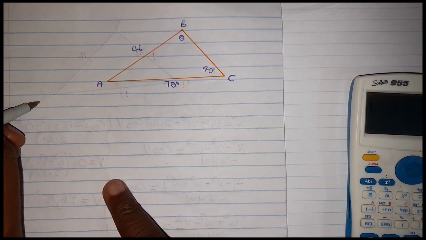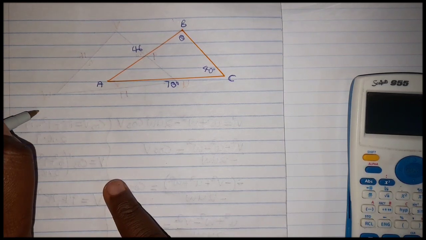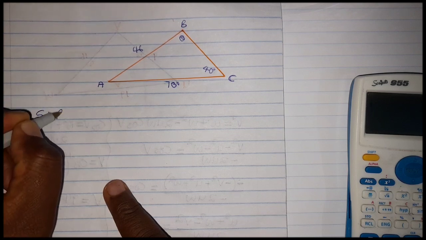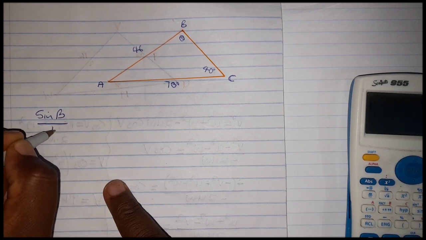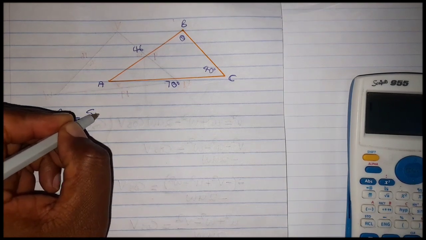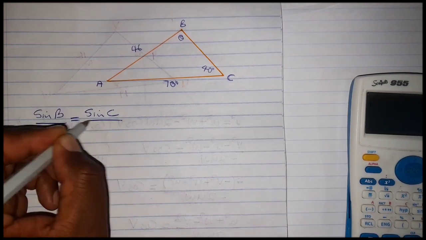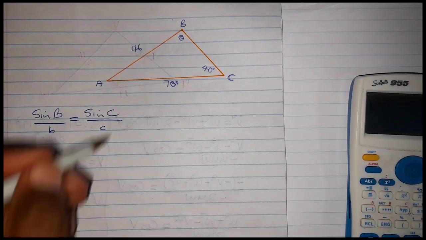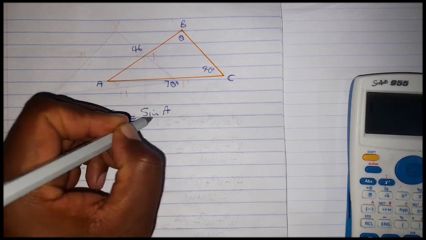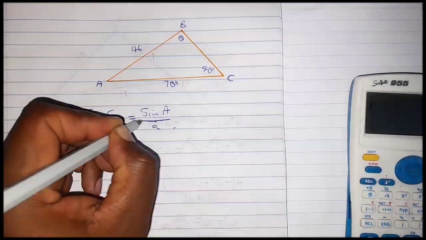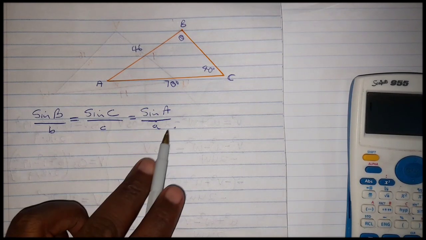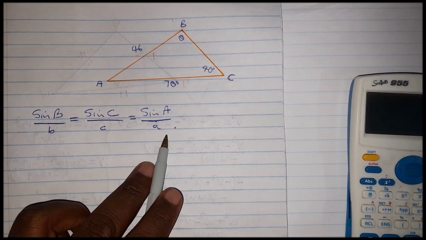With the sine rule, we are looking for an angle here, so the angle goes on top, so it's sine B over small b is equal to sine C over c, and the same goes with sine A over a. So sine B over b is equal to sine C over c is equal to sine A over a, right?